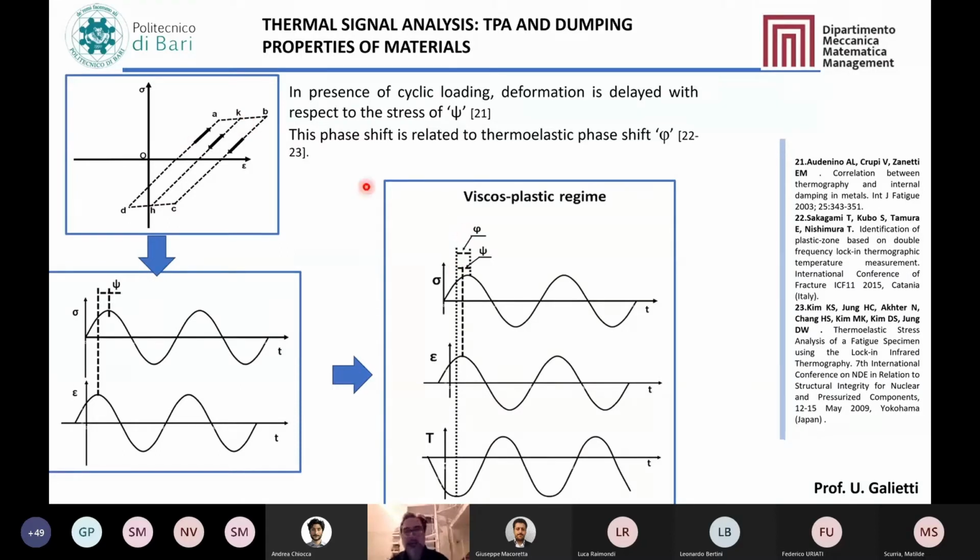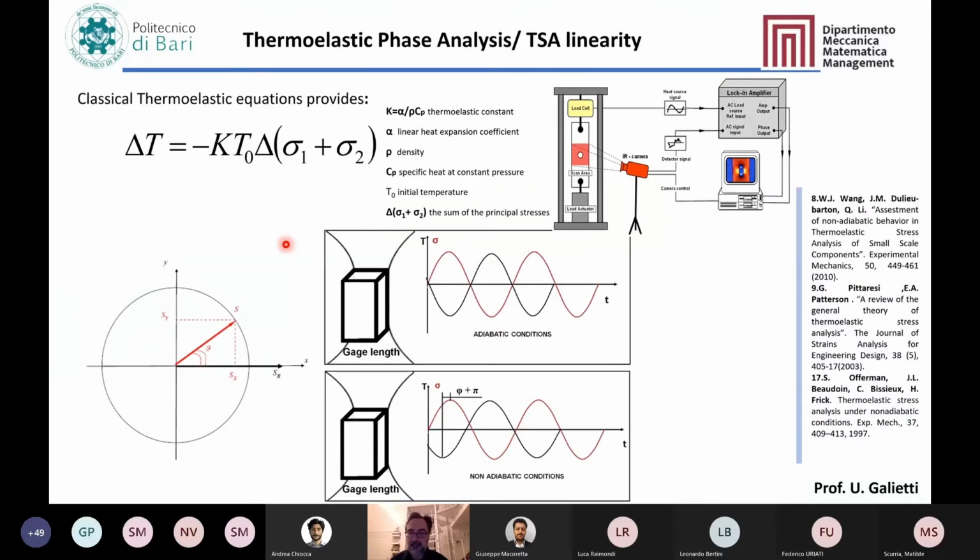And because dissipation is occurring, you are setting a viscoplastic regime. And the interesting part is that, going back to thermoelastic analysis, this will come up. Here we have what's happening when everything is fine and everything is in the elastic condition.